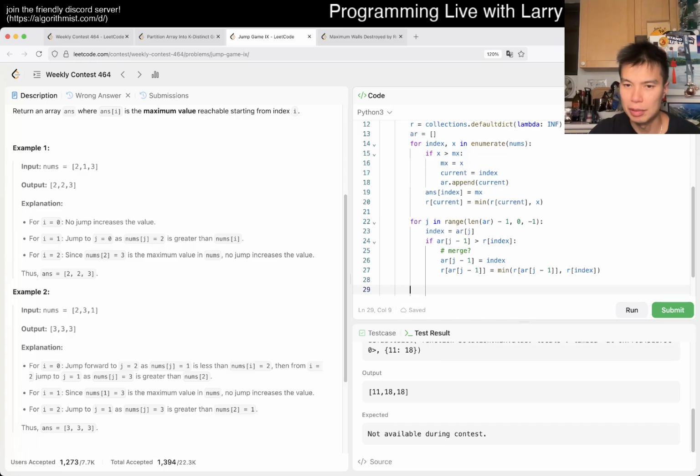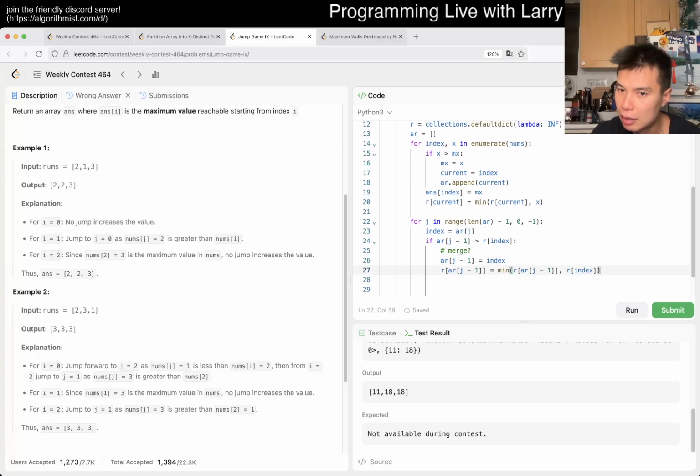And then if on a merge, my head is just not thinking today. On a merge, okay, so you merge and that's fine.